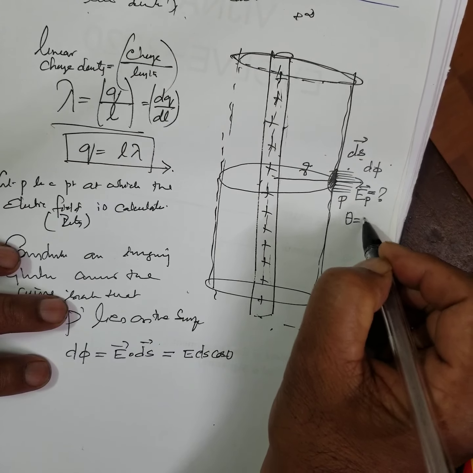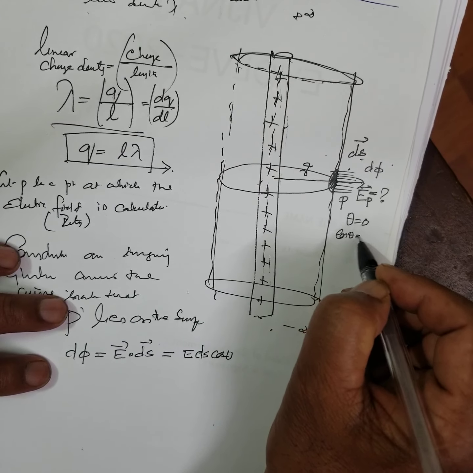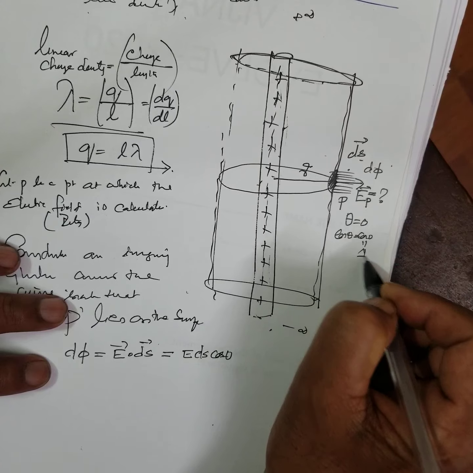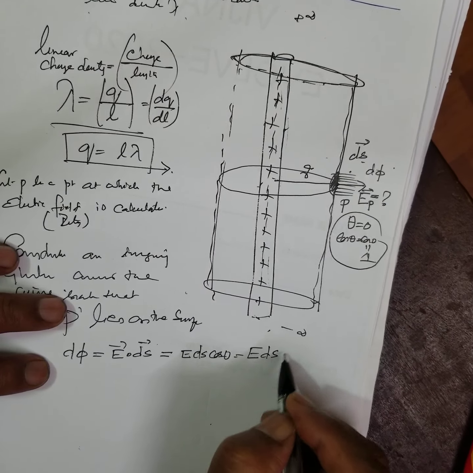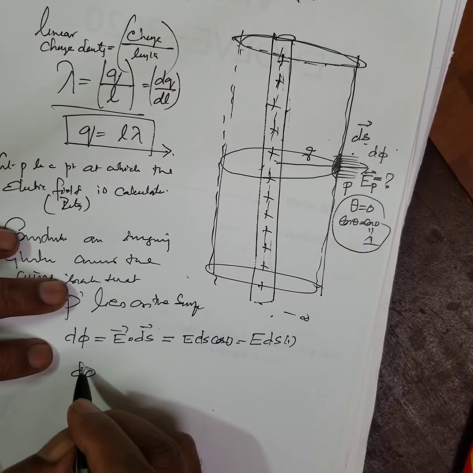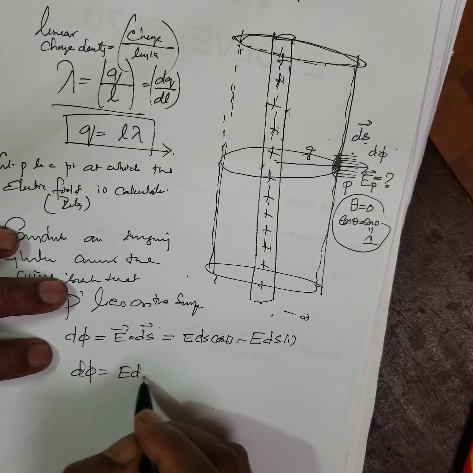Here theta is equal to 0, therefore cos theta equals cos 0 equals 1. Therefore it is E ds.